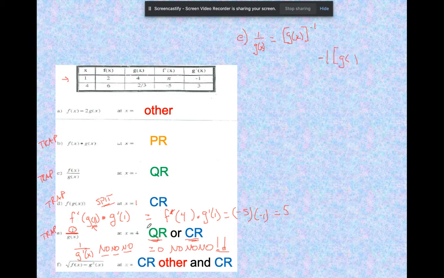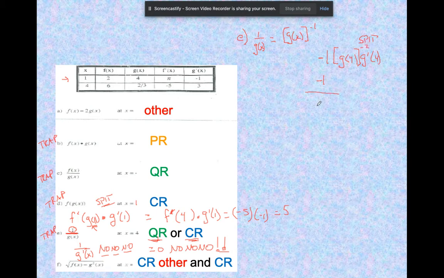And by the way, what is the number they're asking me to do this at? 4. And spit out the derivative of the middle. So what do I get? -1. Oops, sorry. I forgot to subtract 1 from the exponent. -1 minus 1 is -2.